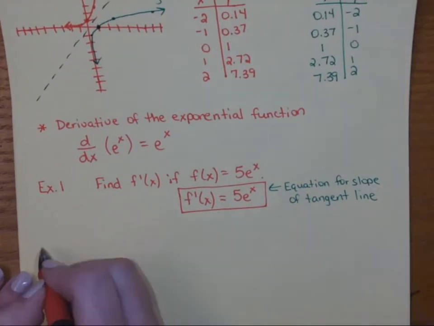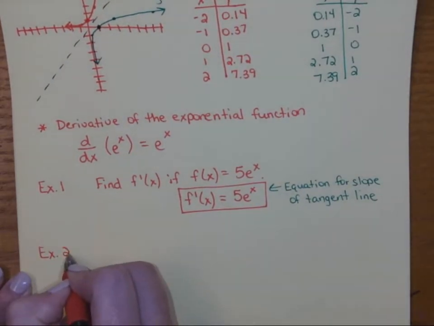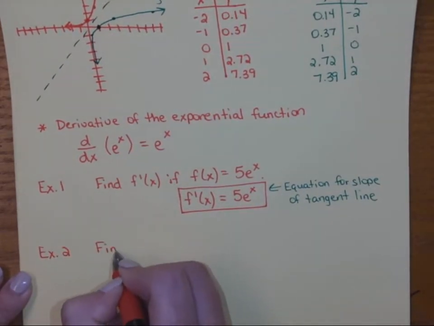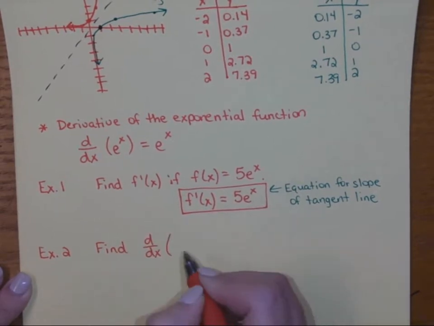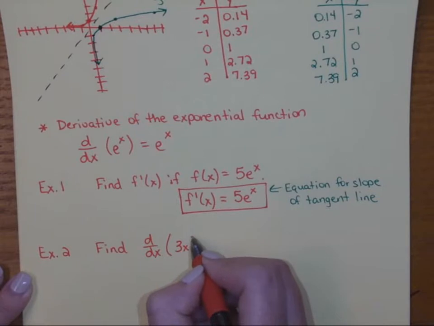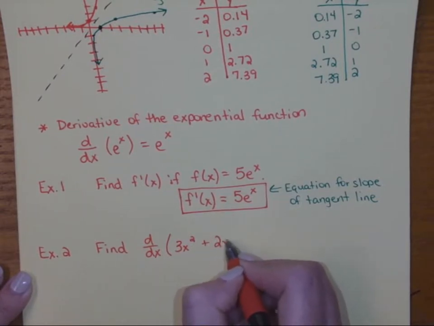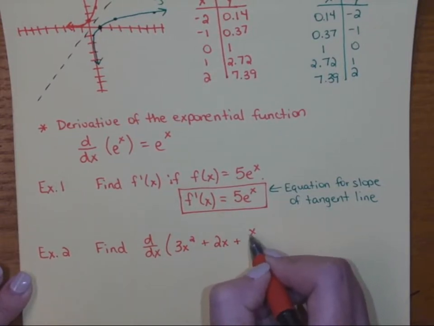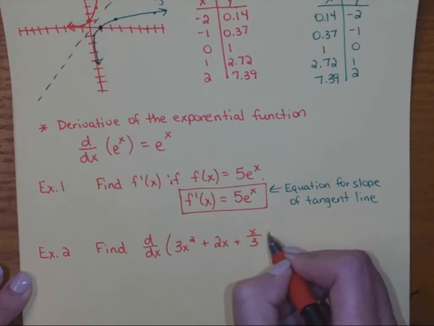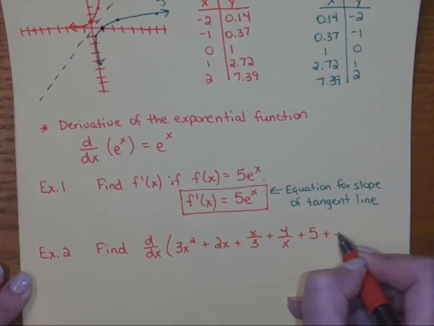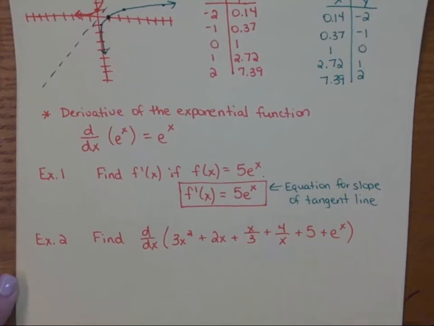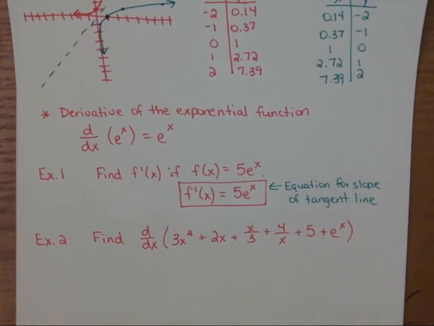All right, so let's do one that might draw in something we did last week and kind of combine it with what we're doing this week. So d dx, remember, means derivative. So find the derivative of 3x squared plus 2x plus x over 3 plus 4 over x plus 5 plus e to the x. Okay, so remember, this means derivative, right?